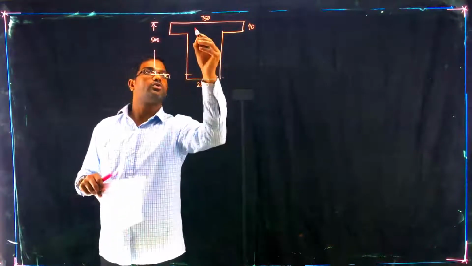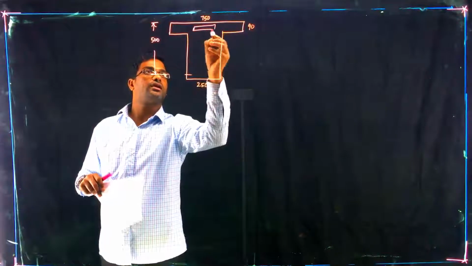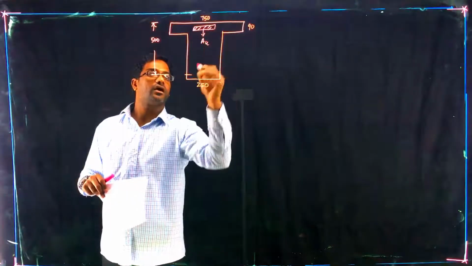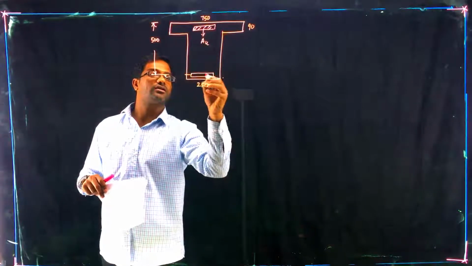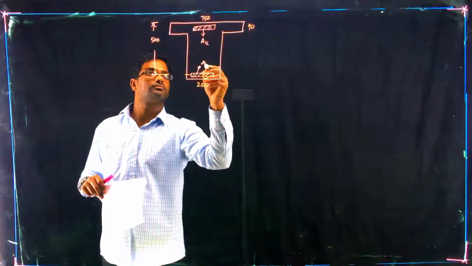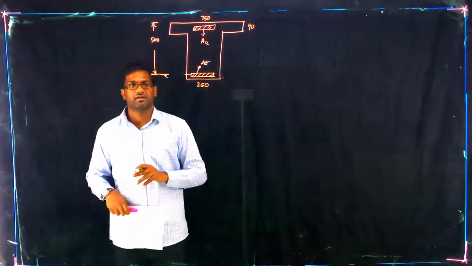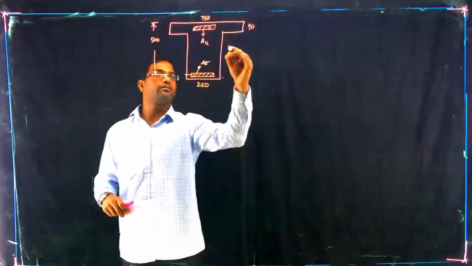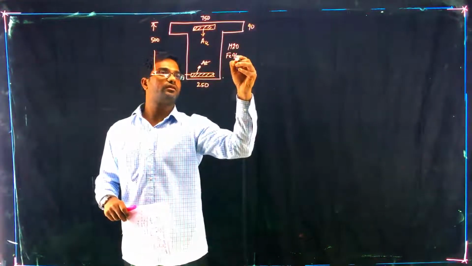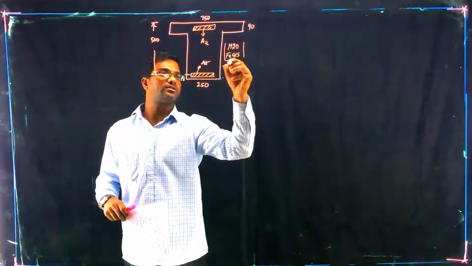You need to calculate ASC, and you also need to calculate AST. So you are given M20 grade concrete and Fe415 steel as the materials.